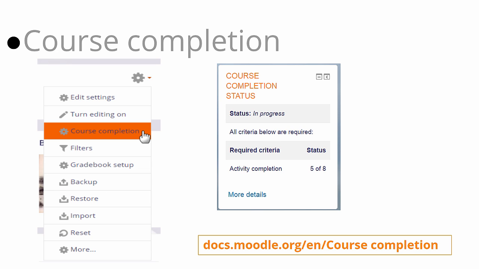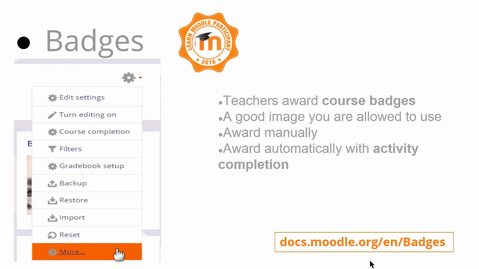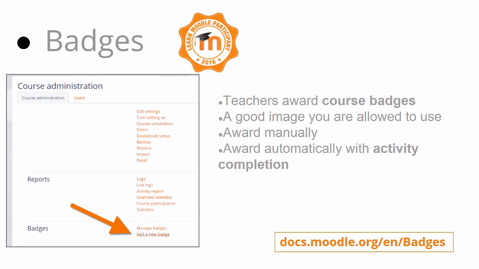And if you do have activity completion enabled, it can help you with course completion, which we won't explore here, but which you can learn about if you take further training, or you can read in the documentation. And it also helps with badges. If you click the More link from the Gear menu and then click Add a new badge, then you can either add a new badge manually or have it awarded automatically.